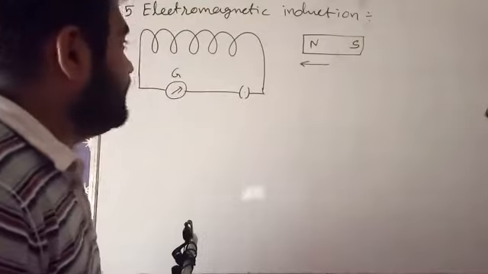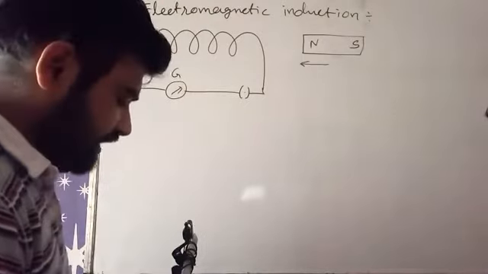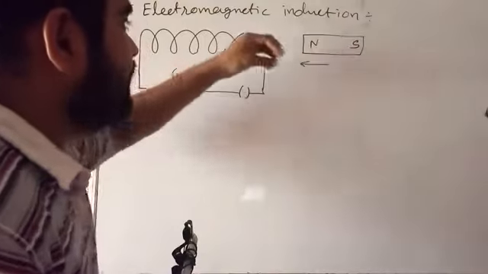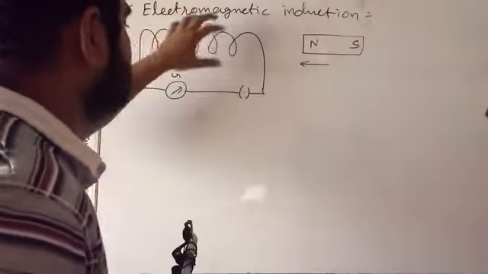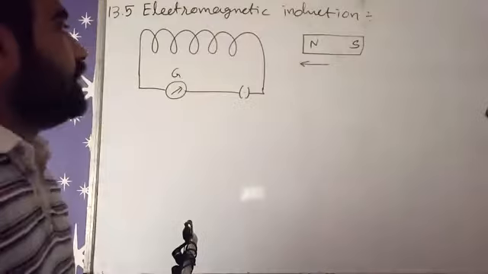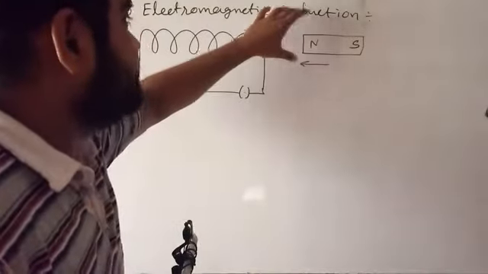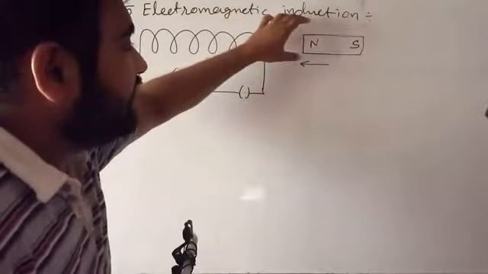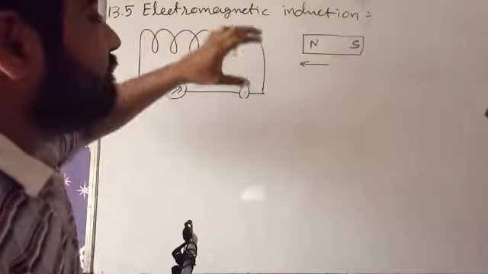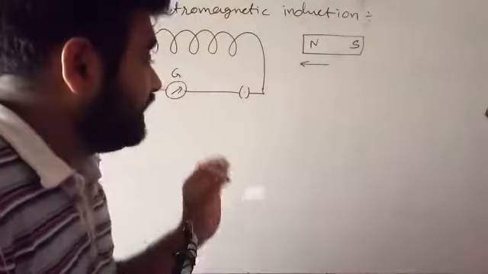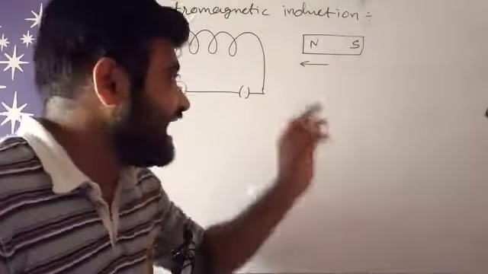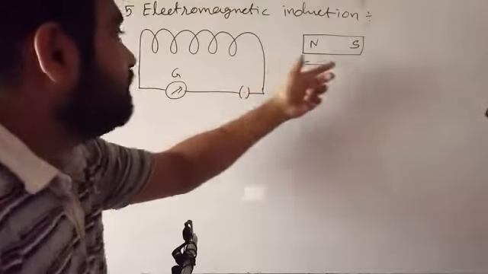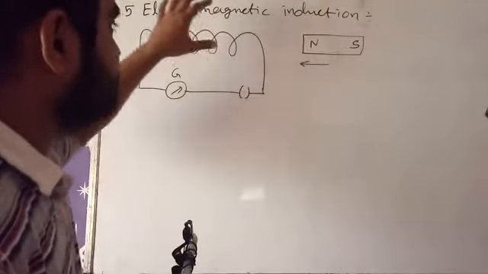So what happens here is, whenever this bar magnet moves towards this solenoid, the magnetic field lines link with this solenoid. Whenever magnetic field lines link with the solenoid, we have magnetic flux, but that magnetic flux is not constant; it is varying magnetic flux because the bar magnet keeps going towards the solenoid.